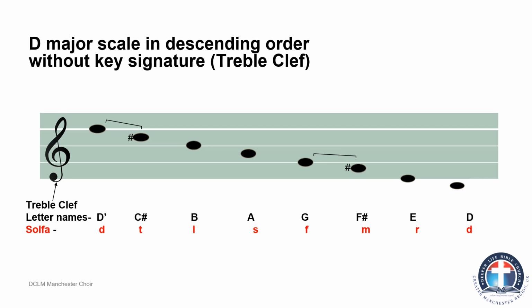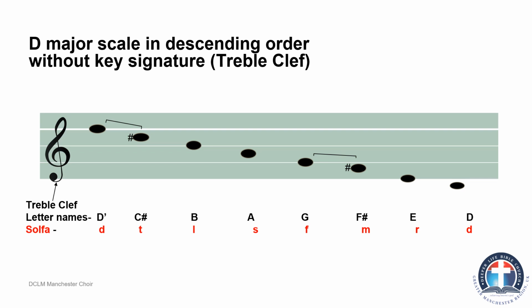On the treble stave, we have D on the fourth line. Starting from the fourth line, we're going to go down. In descending order, we go from D to C sharp to B to A to G to F sharp to E, and then D.